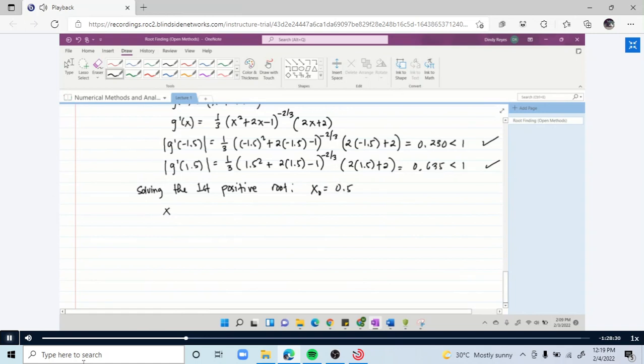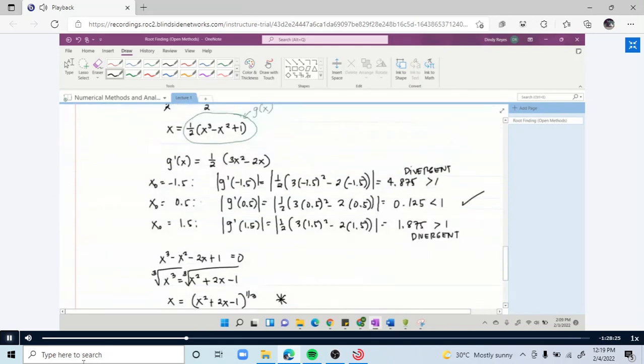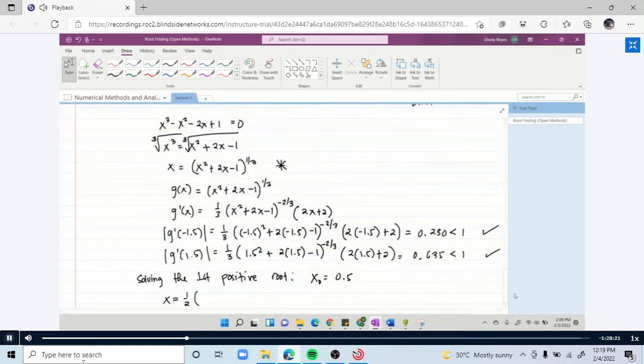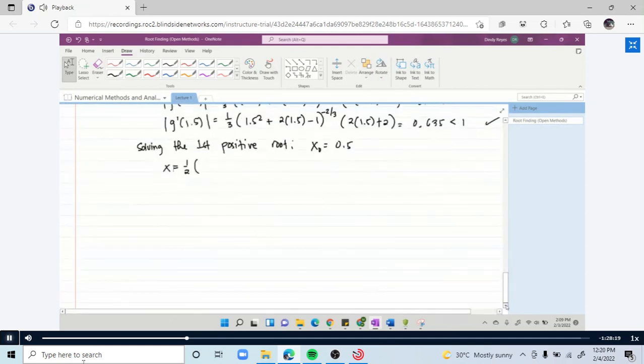And then our rearrangement is x equals 1/2 of, what did we use earlier? 1/2 of x cubed minus x squared plus 1. Okay, our formula is x sub n plus 1 equals g of x sub n. Okay, this is our formula.